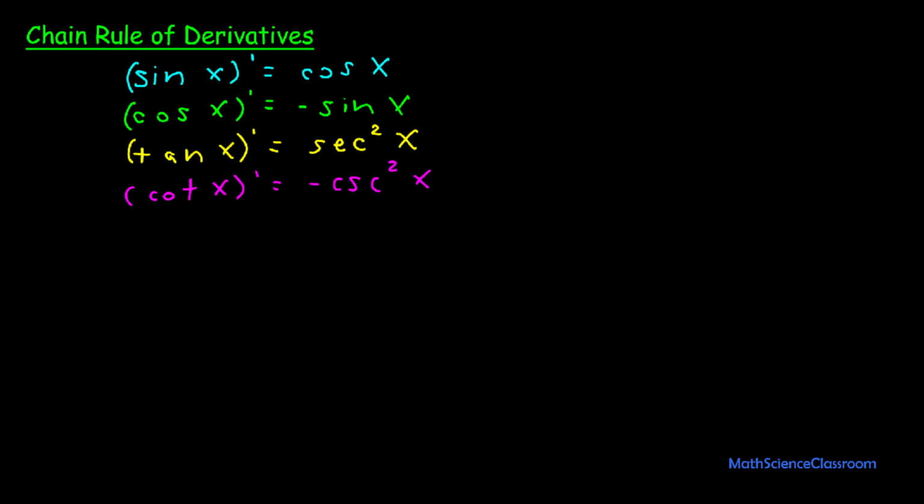Remember, you can write cosecant some people write it with C-O-S-E-C and C-S-C. They mean the same thing. So I just wanted to give you a heads up on that. So the derivative of secant x equals secant x times tangent x.